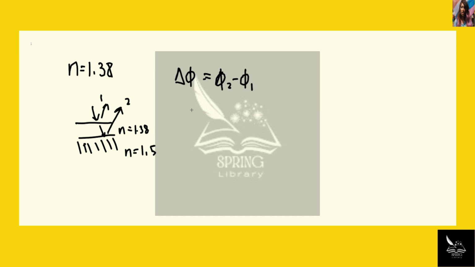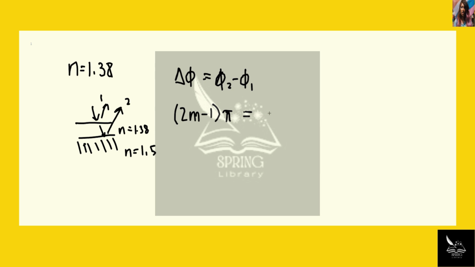And this delta phi, if we want it to be destructive, we want it to be (2m minus 1) times pi. We want an odd multiple of pi, because if that's the phase difference, then you'll get destructive interference. So m is going to be an integer.